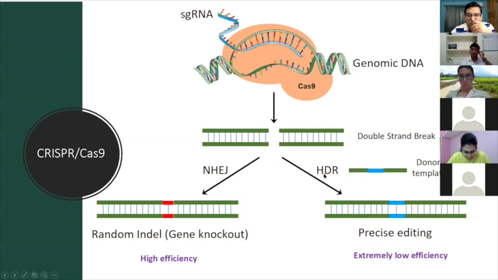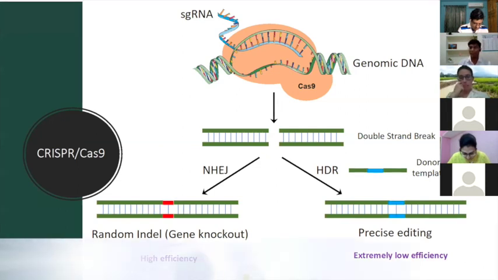Another system is homology-directed repair, but that is very, very less efficient, and it happens in the cellular system rarely, normally in dividing cells or during meiotic recombination. It repairs the same break perfectly by using the sister chromatid as a donor template.